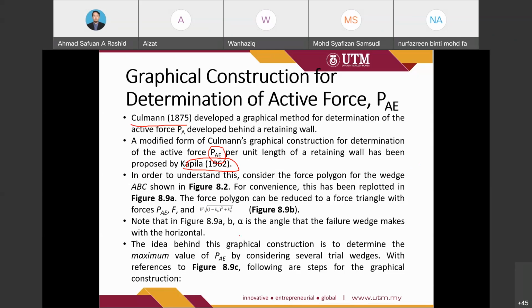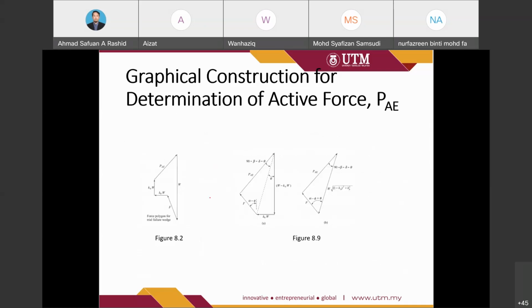So this is the new equation, after they have simplified figure 8.8a. This is the one that we have discussed previously, 8.2.